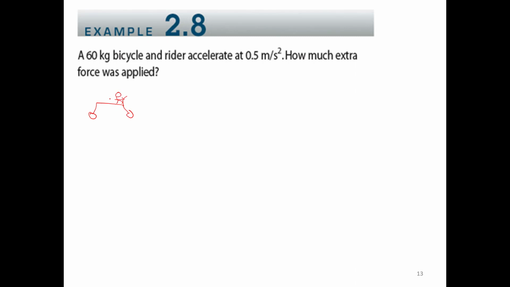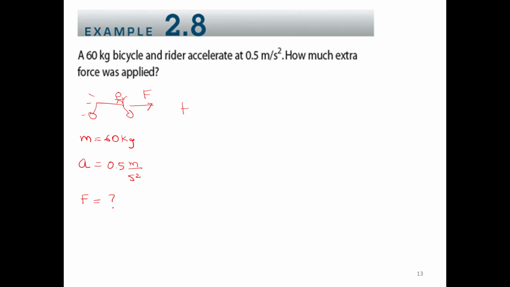The mass of the bicycle plus rider is 60 kilograms, and the acceleration is 0.5 meters per second squared. We want to know what force was applied to this bicycle.